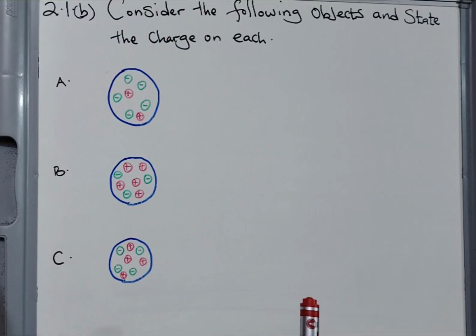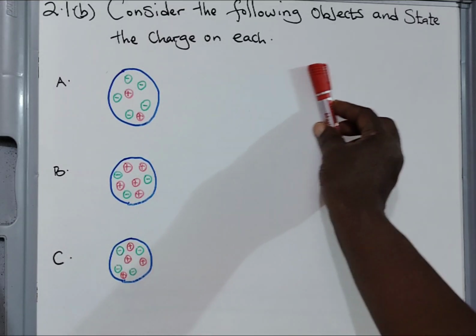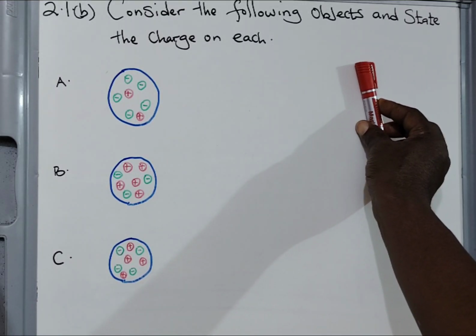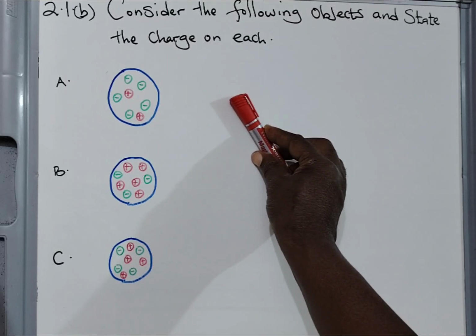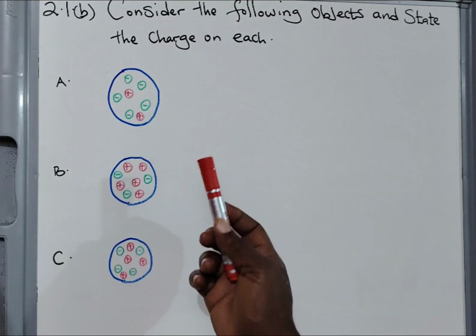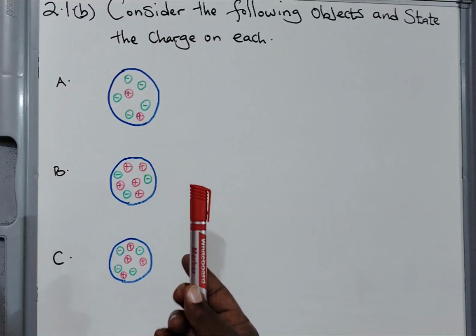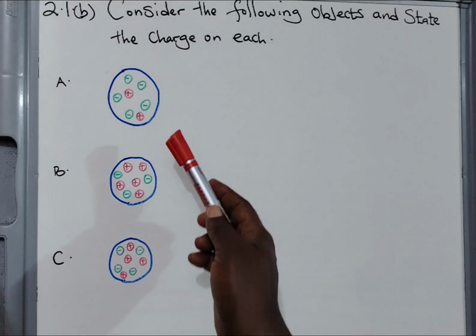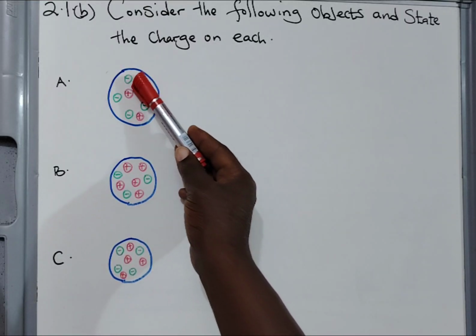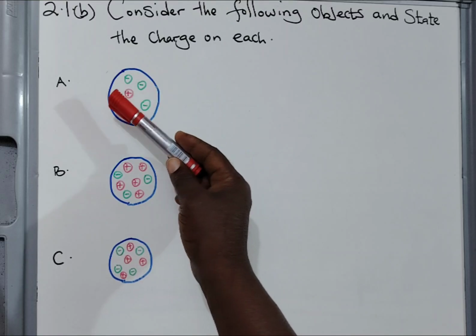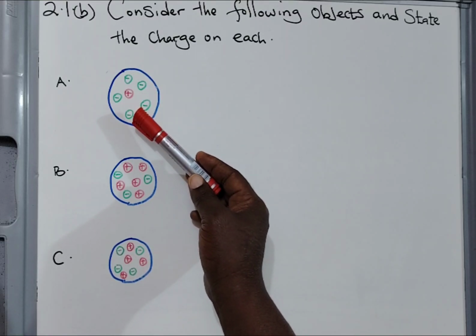Then we come to this one. It says, consider the following objects and state the charge on each. The first one is A. What's the charge on A and how do you determine the charge? It's determined by considering how many negatives and how many positives are there.